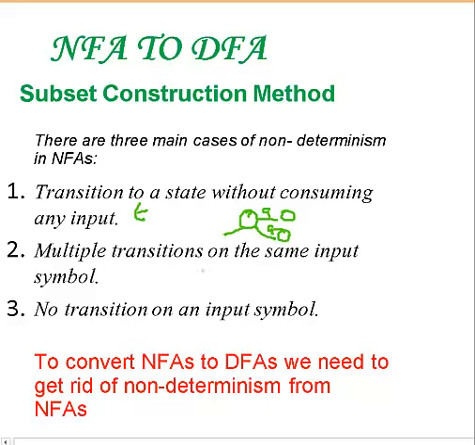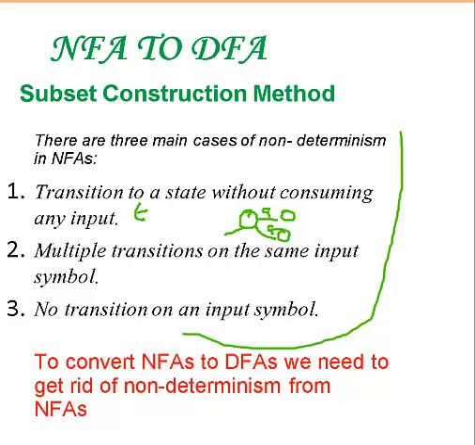So that means there are multiple transitions, as we saw in our examples in the last video. Third, there is no transition on an input symbol, okay? There may be no transition at all on some input symbol. So these are the three things we already know. To convert an NFA to a DFA, we need to get rid of non-determinism from the NFA, simple as that.